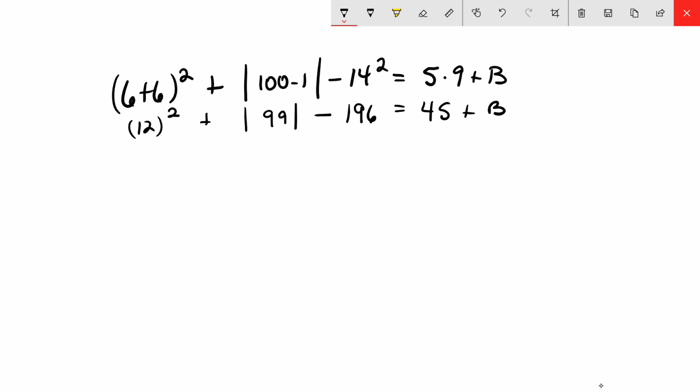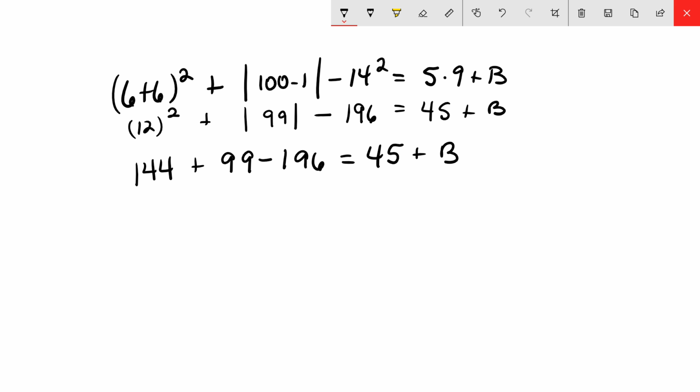What's 12 squared? 12 times 12 is going to be 144 plus 99 minus 196 equals 45 plus b.